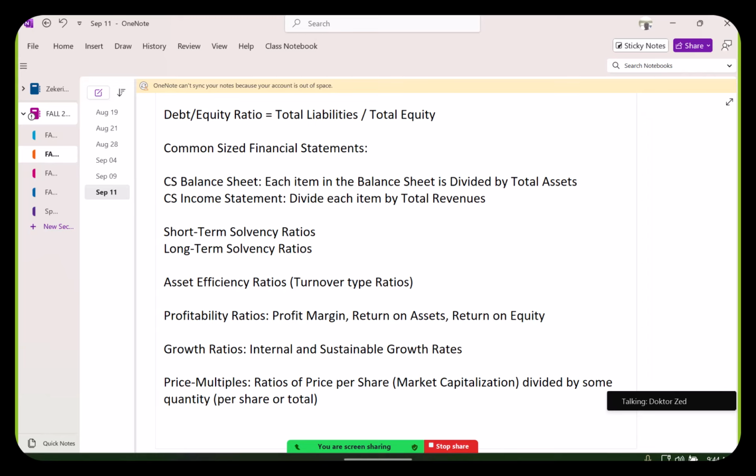For example, you can calculate price earnings ratio by dividing share price with earnings per share or by dividing market cap with total earnings. Give you to kind of figure out what these kinds of things mean.